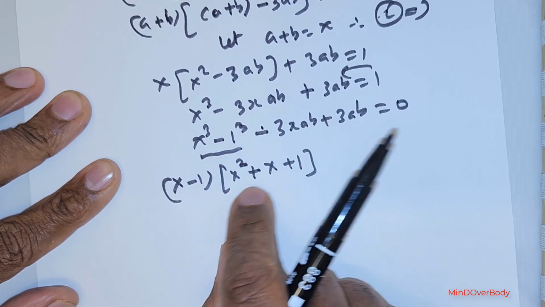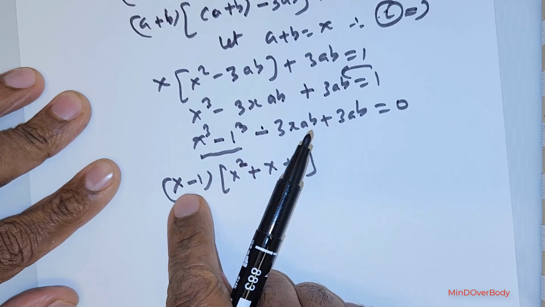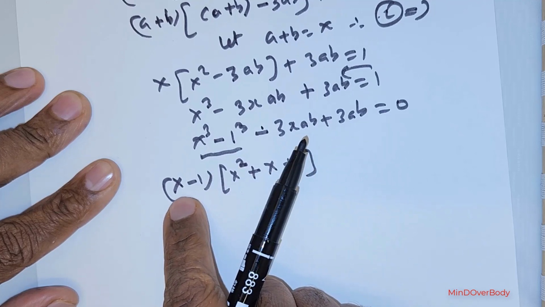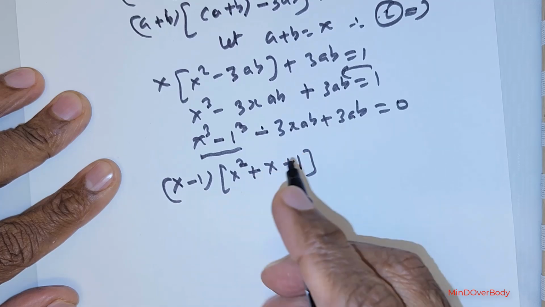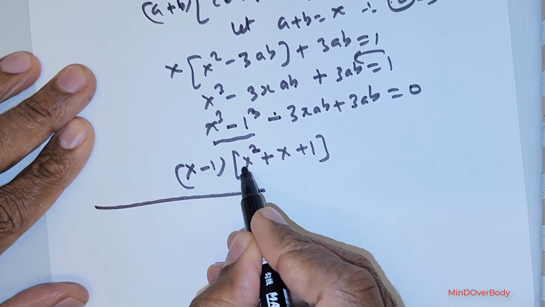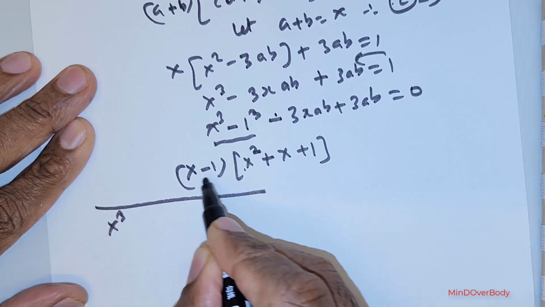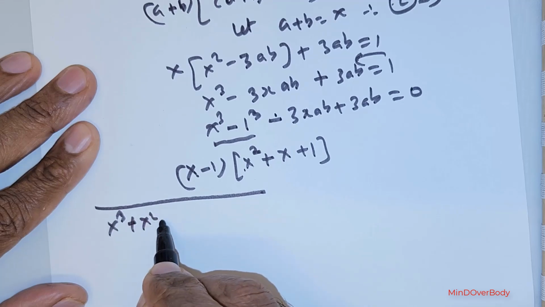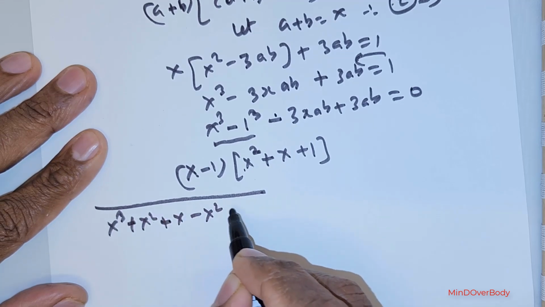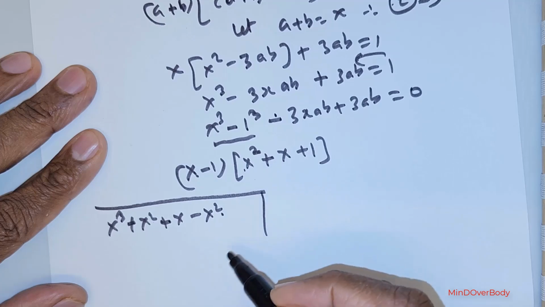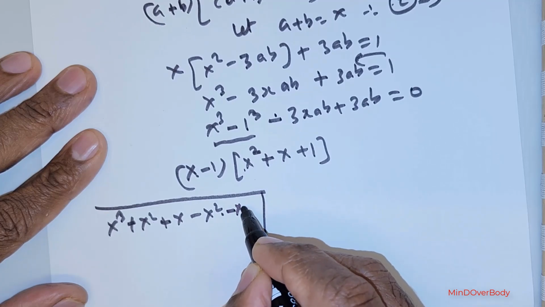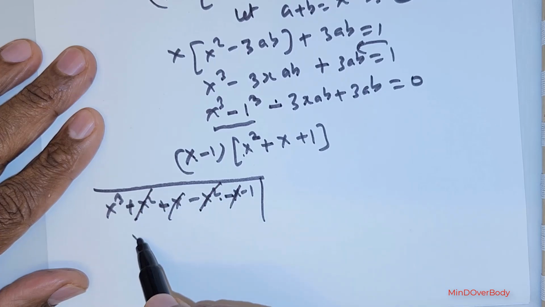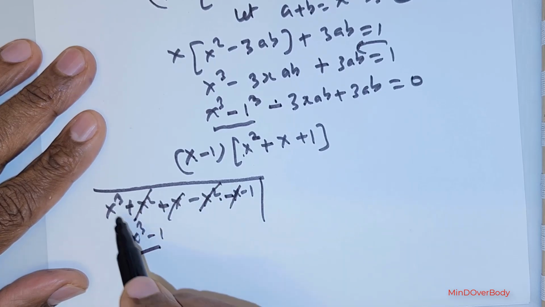So x into x squared is x cubed, and then you have an x squared, and then you have an x and a negative x squared, and then you have a negative x and a negative 1. So positive, negative, negative, positive giving us x cubed minus 1. So fair enough.